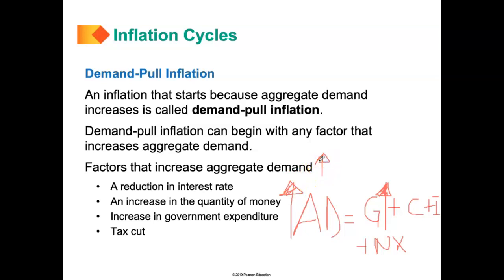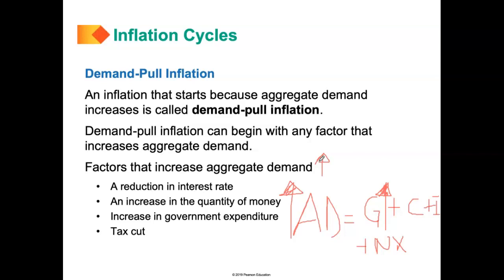Another example is tax cuts. If the federal government decides to lower taxes, that is going to increase aggregate demand because people will decide to spend more. You have more income, so you decide to splurge. Once you have income, people normally tend to spend more.